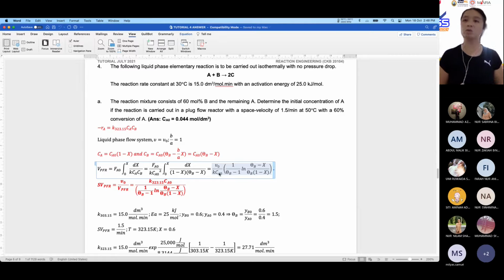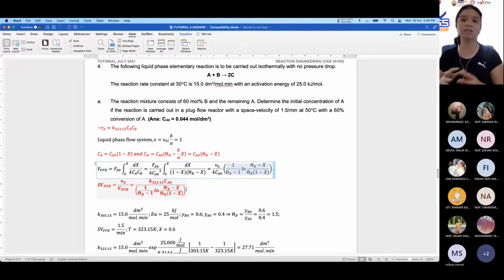So the other variables will go to the left hand side. Going to the left, you have to be very careful. The K CA naught goes from the bottom to the left, so it becomes the top. The big bracket, when moved to the left hand side, goes to the bottom.